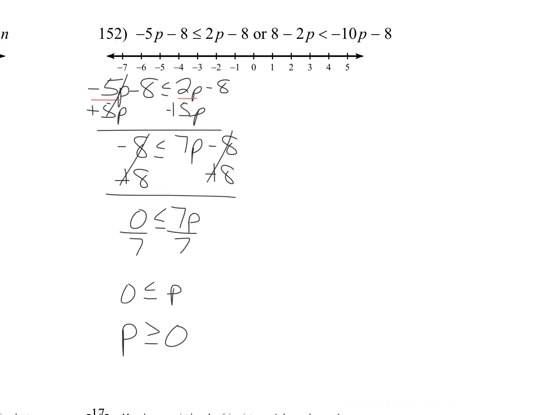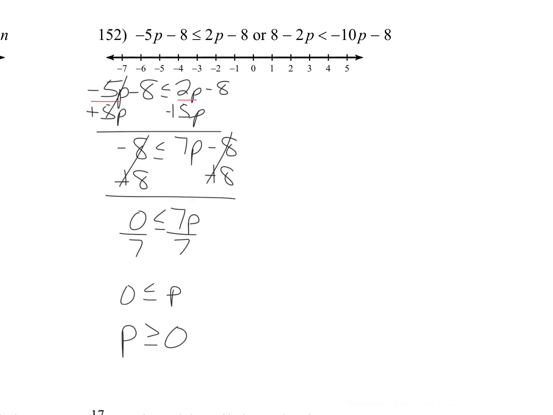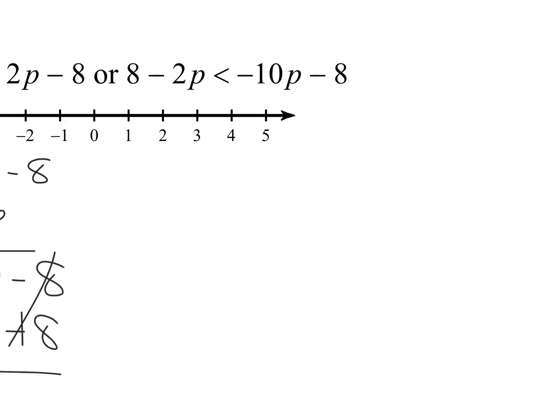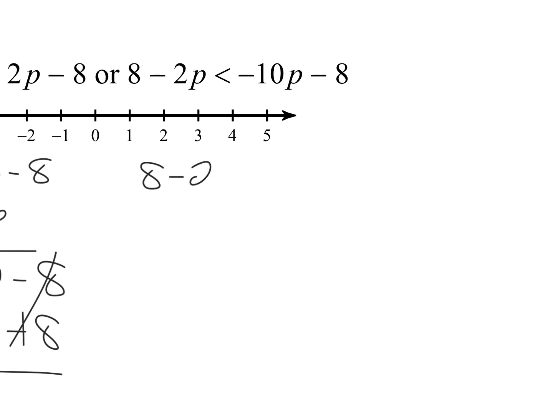Is everyone okay so far? Yeah. All right, what can we not forget to do? The other side. So now we have 8 minus 2p is less than negative 10p minus 8. What do we want to do first? Combine the variables. Okay, which one do you want to move? You want to move 10? Add 10?